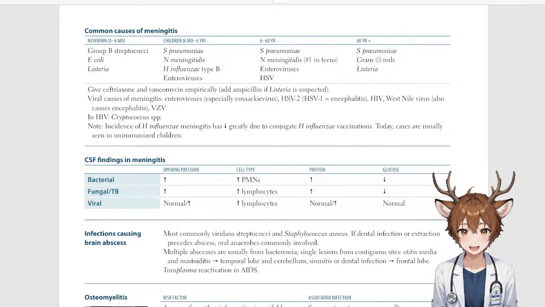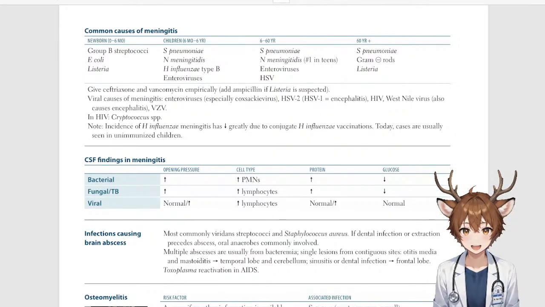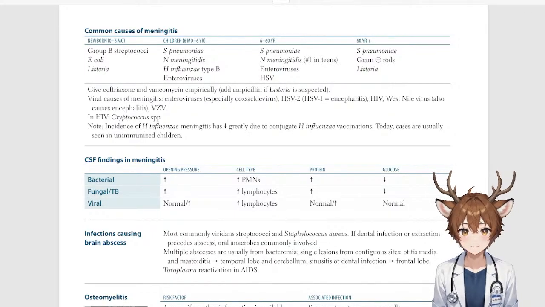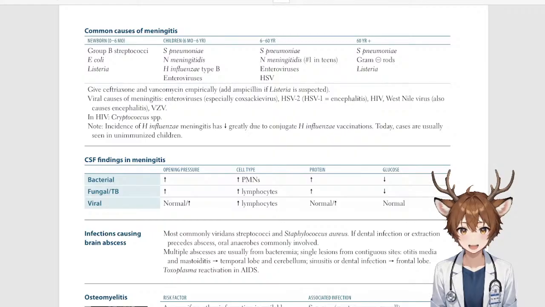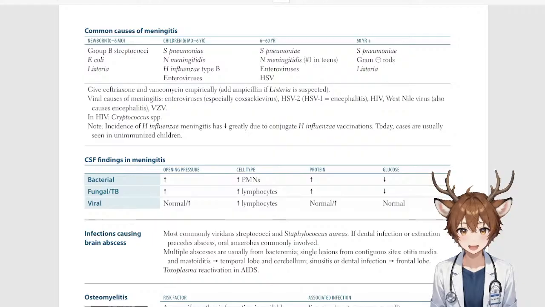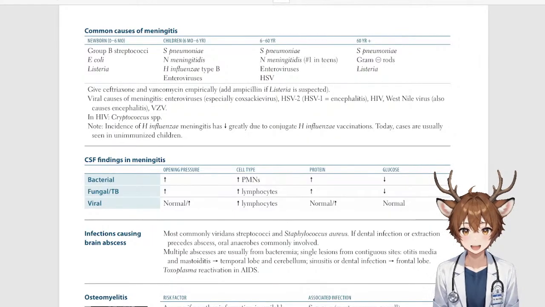Anyway, 60 years and older, so 60 plus: strep pneumo, again, Neisseria meningitidis, again, H flu type B is back, group B strep, again, and then Listeria. Funnily enough, in people who are older, you start seeing a lot of these earlier problems pop up again.